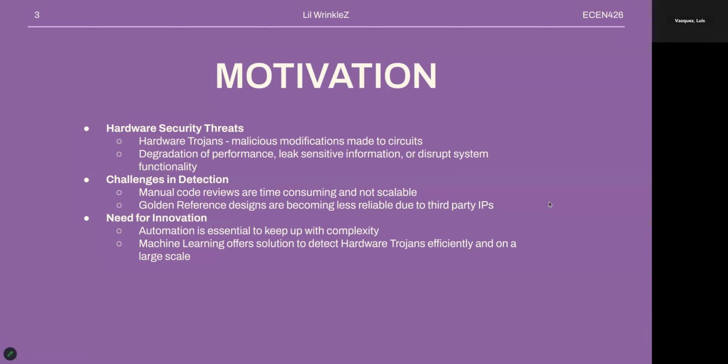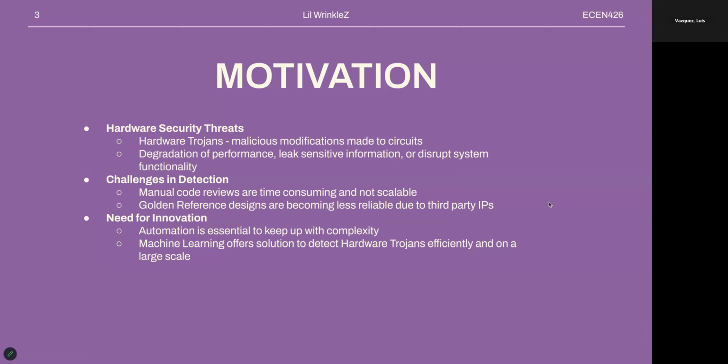This brings us to the core motivation behind this project. This project is built around the foundation of making a scalable, automated, and efficient approach to hardware Trojan detection. The complexity of hardware systems is growing, and our detection methods must evolve alongside.